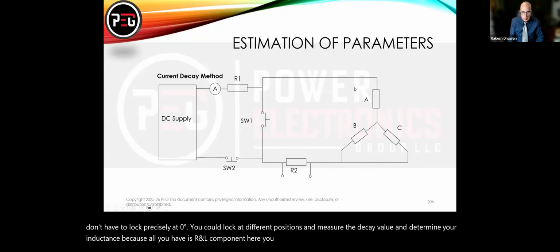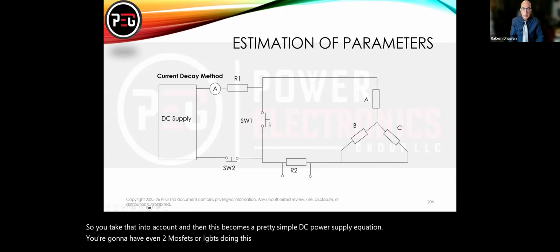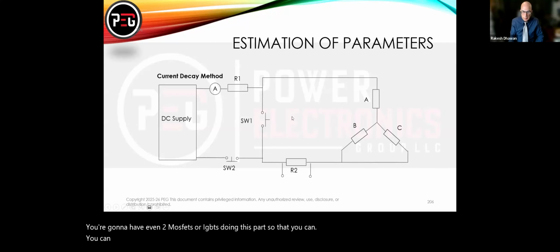You already have taken into account the resistance of the winding. So you take that into account, and then this becomes a pretty simple DC power supply equation. You can have even two MOSFETs or IGBTs doing this part, so that you can very easily measure the inductances, right? So LD/LQ is critical in being able to have precise control of your motor.